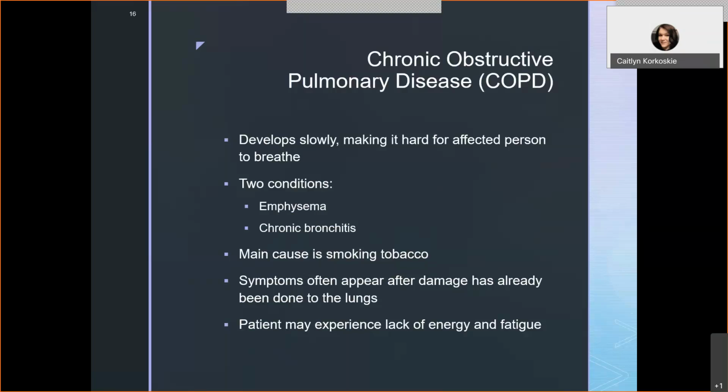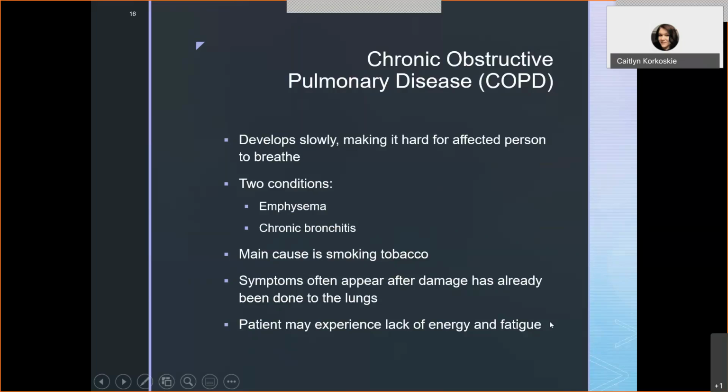The main cause of COPD is usually longtime smoking, because it continuously damages the lungs over that time. You have a buildup of tar and everything in your bronchioles, which makes it a lot harder to breathe.